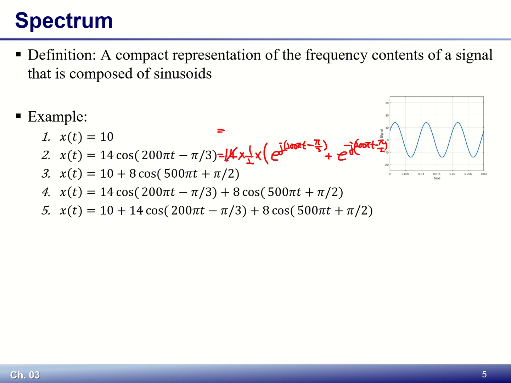So it will be 7 exponential(minus j pi over 3) exponential(j 200 pi t) plus 7 exponential(j pi over 3) exponential(minus j 200 pi t).